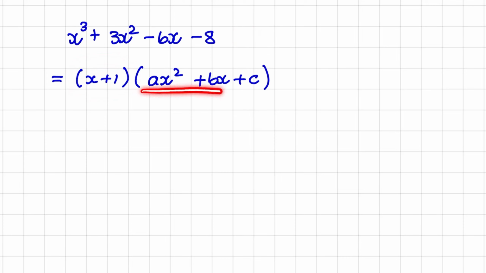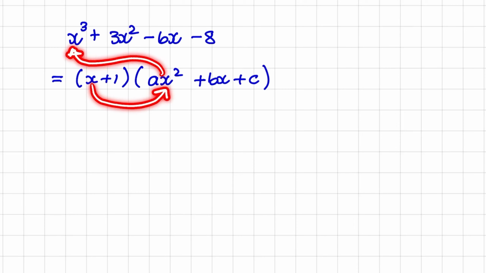Now I want to find or solve a, b, and c in this trinomial. And for the a value, I'll take x times ax squared, and I'm trying to recreate x cubed. And I notice the coefficient of x cubed is 1. So if I have 1x times 1x squared, that will lead to x cubed in my first term.